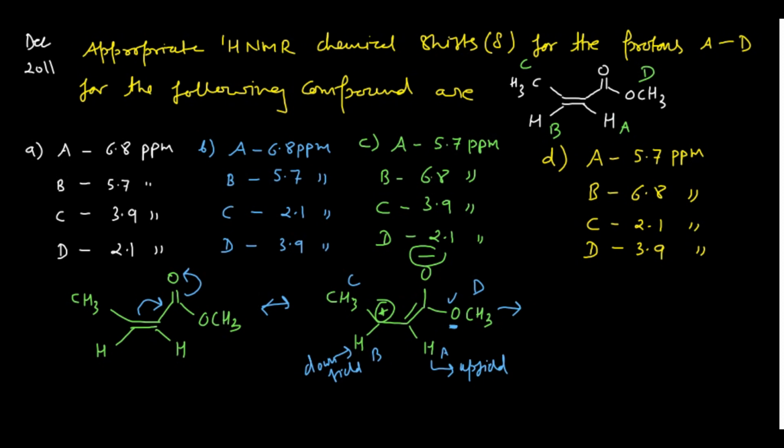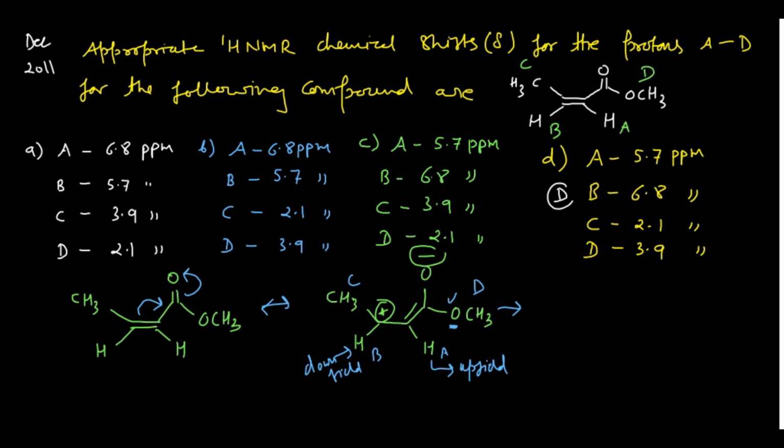Okay, now compare HA and HB. Which one is the downfield in the question? So here in that case, HA is 5.7, HB is 6.8, so B is downfielded here, so I can write D here for the downfield.